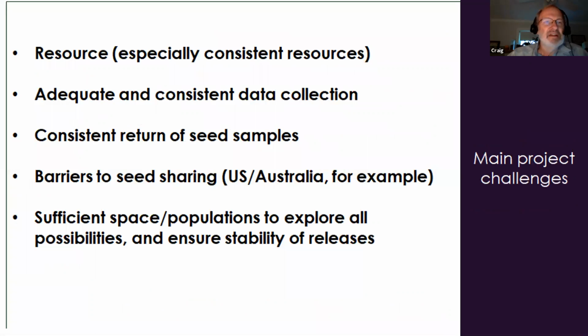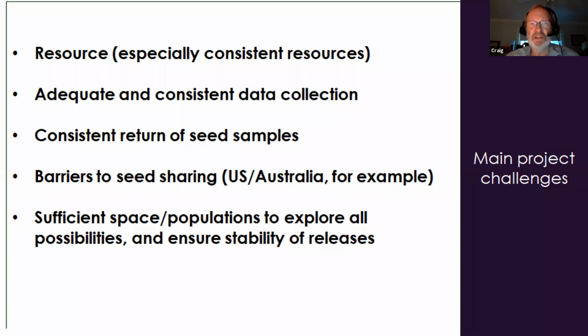And this is the set of things that keep me up at night about doing a breeding project. Resources, especially consistent resources, because when I say we had 800 people that have helped us, many of them decide that a breeding project is not for them, so they'll help for one season.